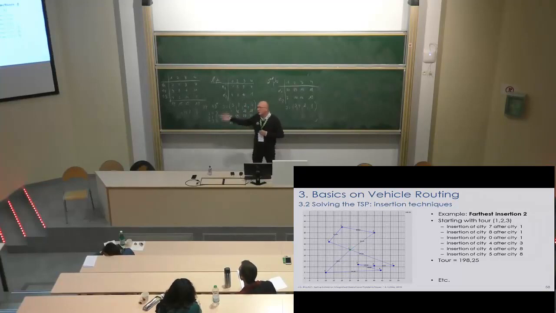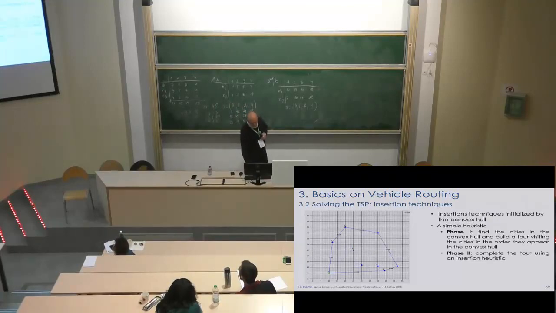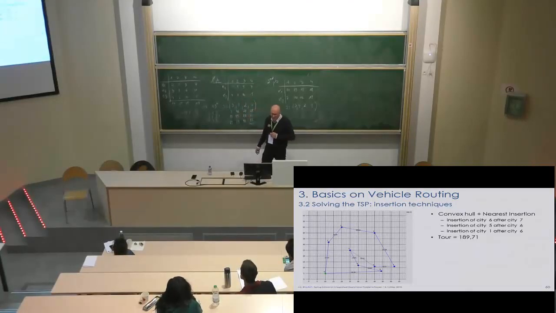I don't give the details of all the methods. We can imagine a lot of insertion methods easily. Then we also have insertion techniques initialized by the convex hull. So you have to find the cities in the convex hull and then complete the tour by using insertion techniques. For example, here, with the nearest insertion, we obtain this tour.